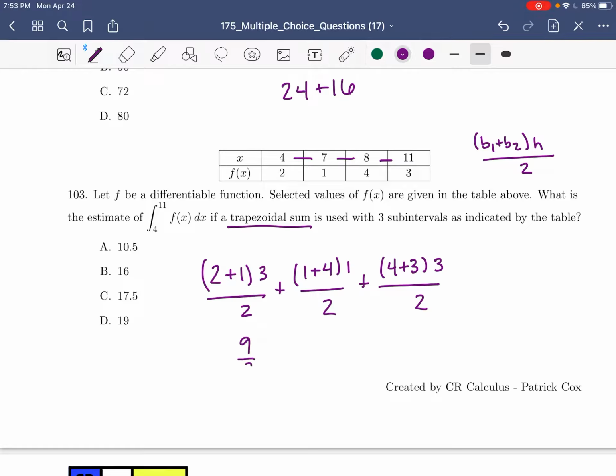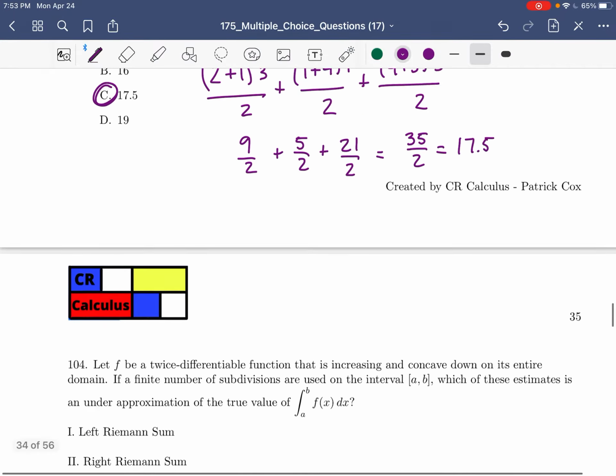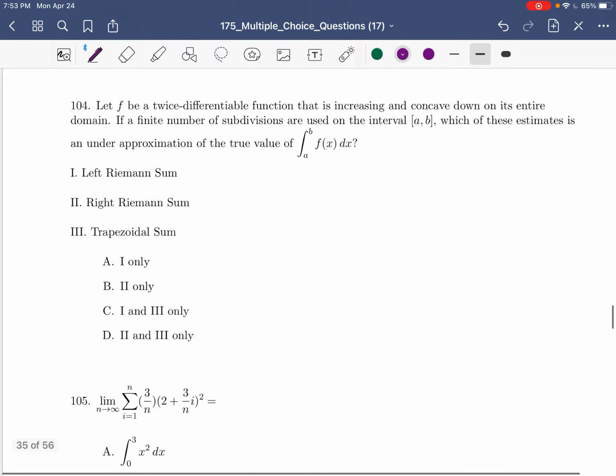And then I just have to do the math, so it's going to be 3 times 3 is 9 halves plus 5 halves plus 21 halves. If you add all those together, you should get 35 halves, which is 17.5, or C.